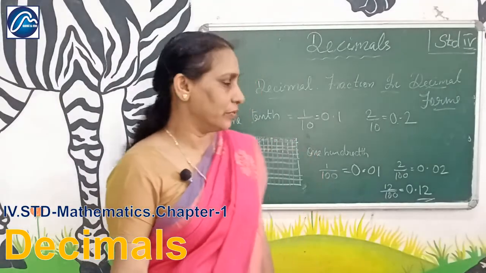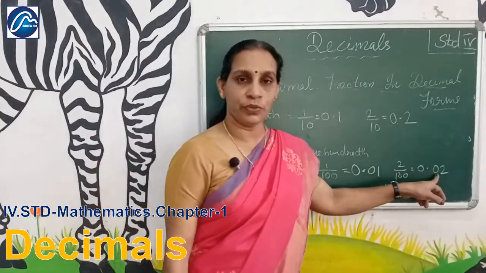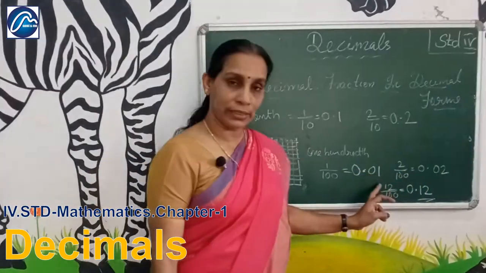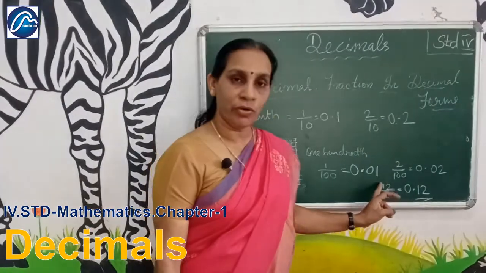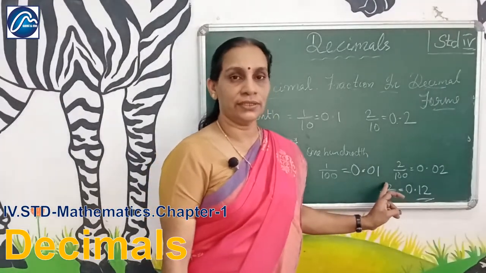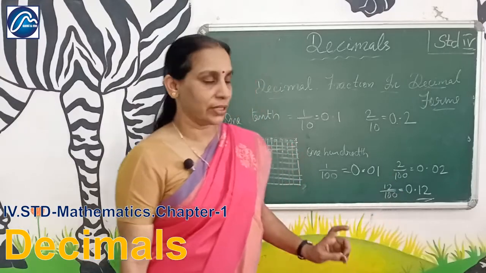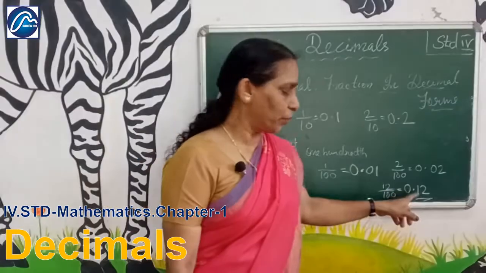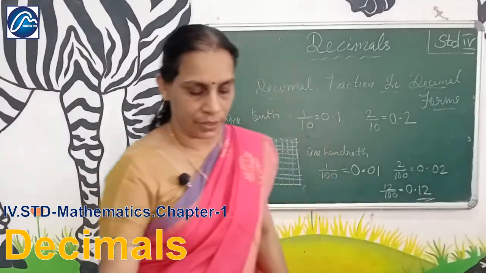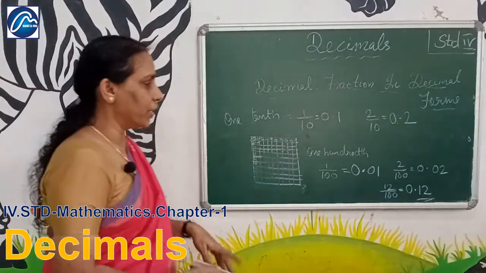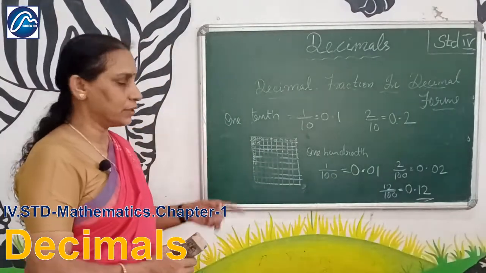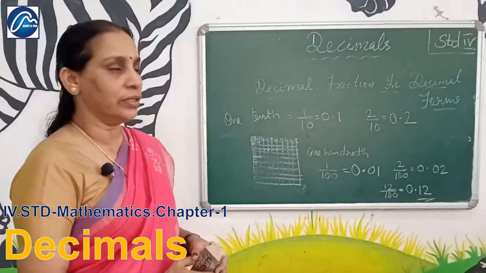Why? We need not put 0 because it already has 2 digits. So 0.12. Okay. So this is how we write fractions as decimals.